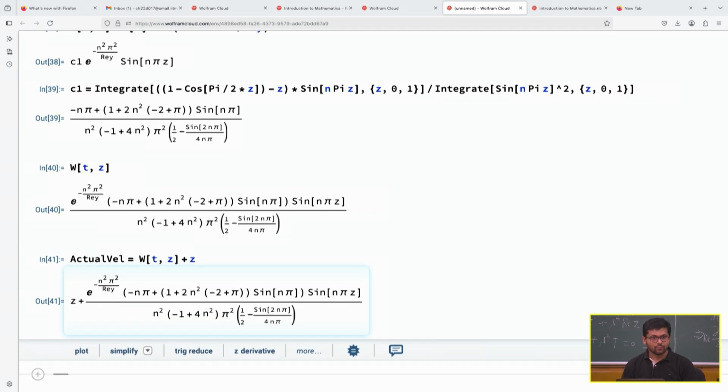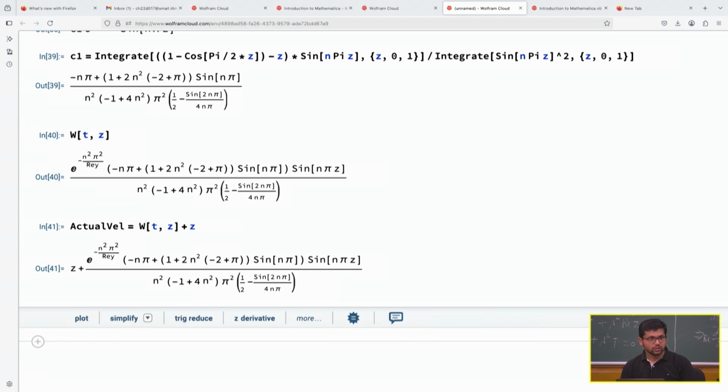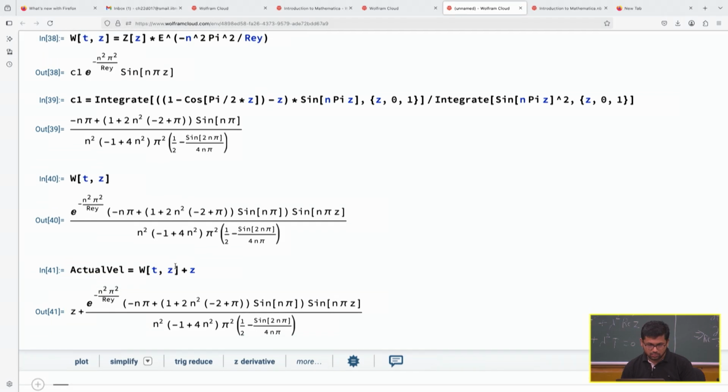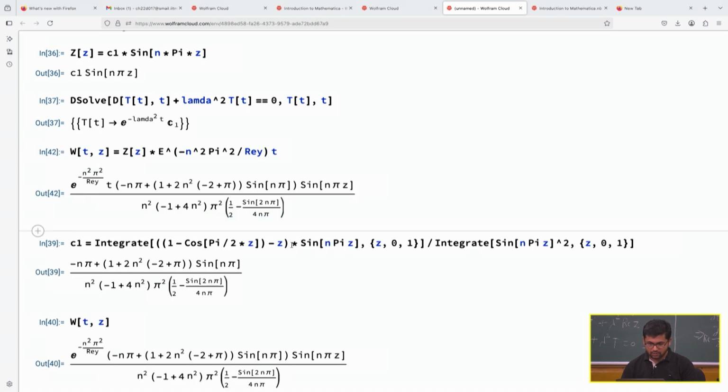Okay. So, we got the actual velocity profile, we can plot it also. You can see that this actual velocity profile is a function of t as well as z. I think t is missing here. So, t should be here, I will run it again.